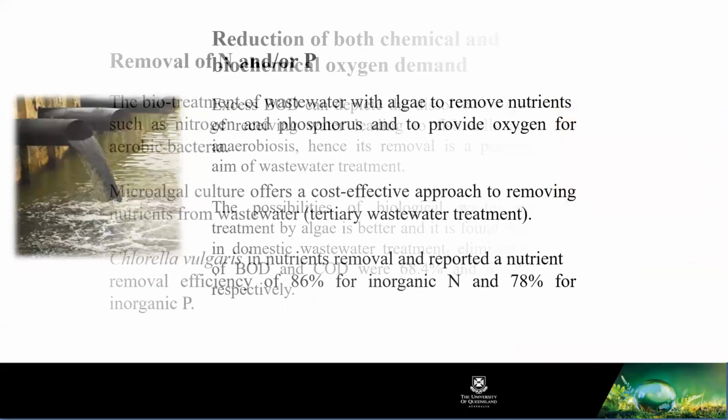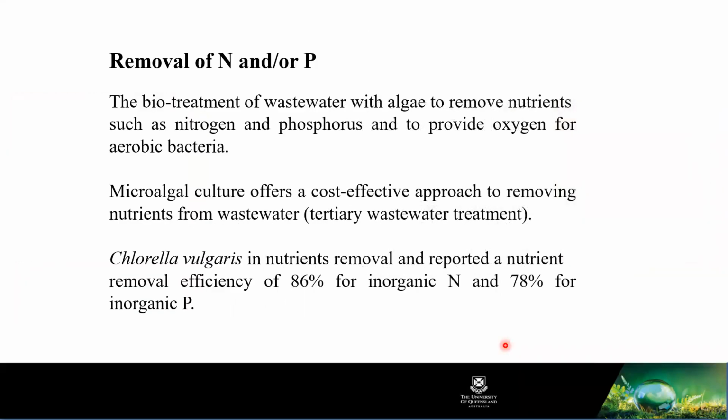Removal of nitrate and phosphate. Chlorella vulgaris, the species I am talking about, is a freshwater algae. We also have a saltwater algae called Chlorella salina, which we are working on. This algae has the capacity to reduce nutrients by up to 86% inorganic nitrate and 78% inorganic phosphate.